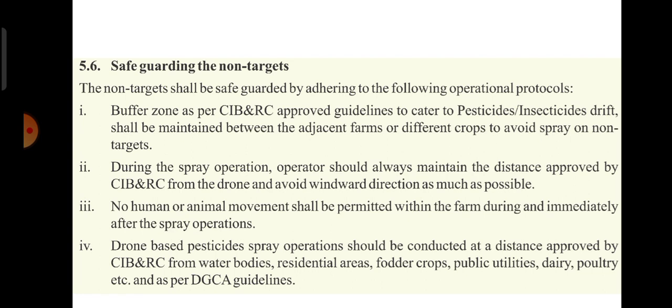During the spray operation, the operator should always maintain the distance approved by CIB and RC from the drone and avoid windward direction as much as possible. No human or animal movement shall be permitted. Drone-based pesticide spray operation shall be conducted at a distance approved by CIB and RC from water bodies, residential area, fodder crops, public utilities, dairy, poultry, etc.